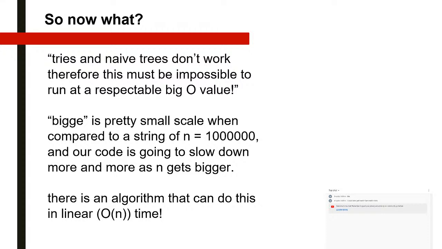Well, in this one particular case, and I don't mean to treat anyone here like an idiot, because you probably know this better than I do, if n were to be very big, like n to the 1 million big, then our code's going to slow down, and it would slow down more and more as that number gets bigger. So a trie is not going to work, and a tree is sure as hell not going to work.